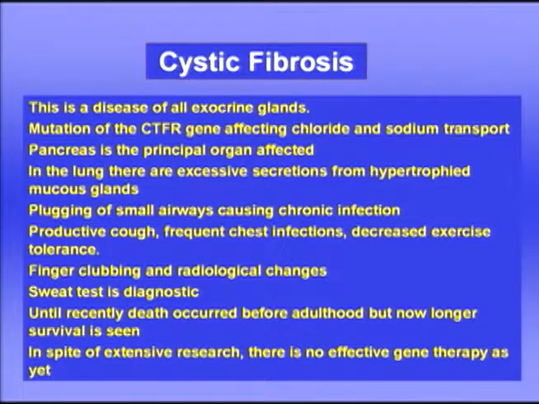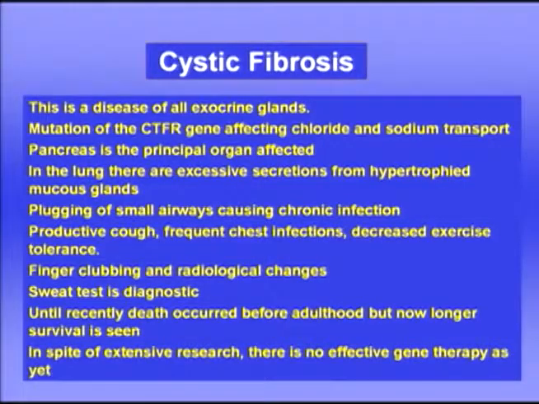People become aware of the fact that there's cystic fibrosis. You get plugging of small airways, chronic infection, productive cough, frequent chest infections, decreased exercise tolerance, finger clubbing, and radiological changes. Now, the sweat test is diagnostic, and these patients now are usually diagnosed at a relatively early age. But unfortunately, there's not all that much you can do about it.